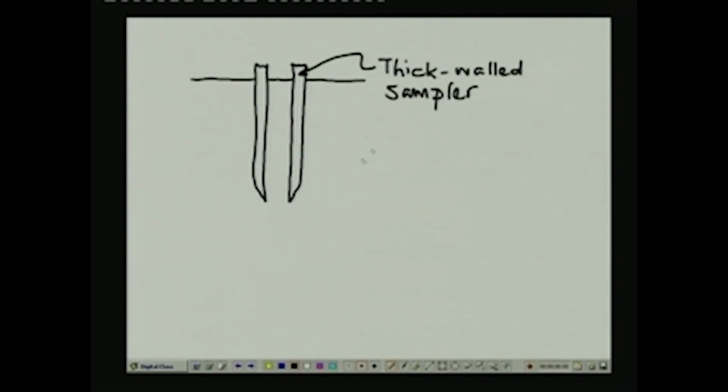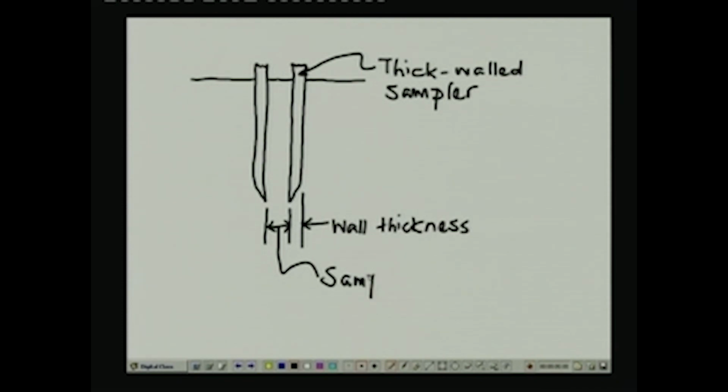Thick walled sampler. What is meant by thick walled sampler is that the wall thickness is quite large in comparison with the sample diameter.